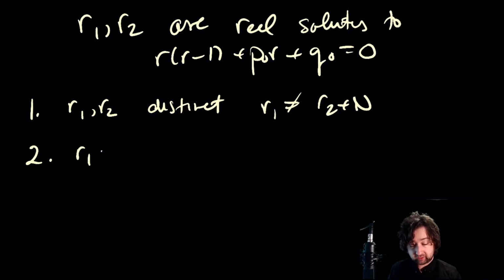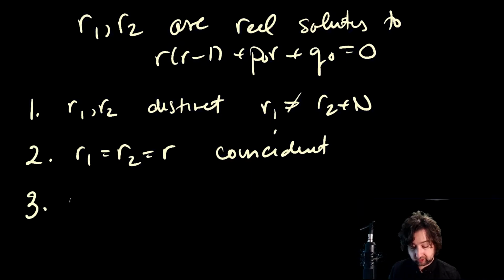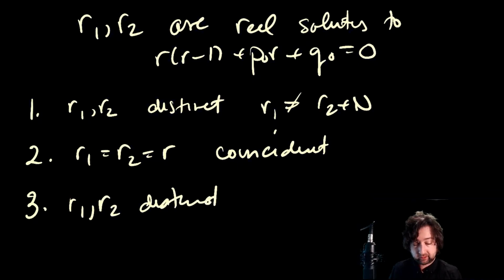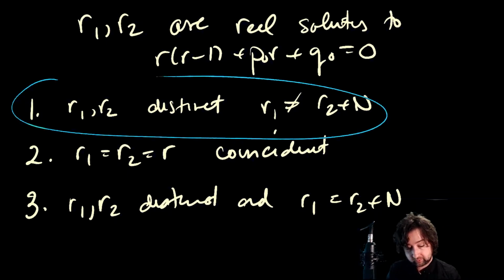It could be the case that R1 equals R2. So that's called coincident. Or it could be the case that R1 and R2 are distinct and R1 is equal to R2 plus some integer n. We already know the answer to this one.